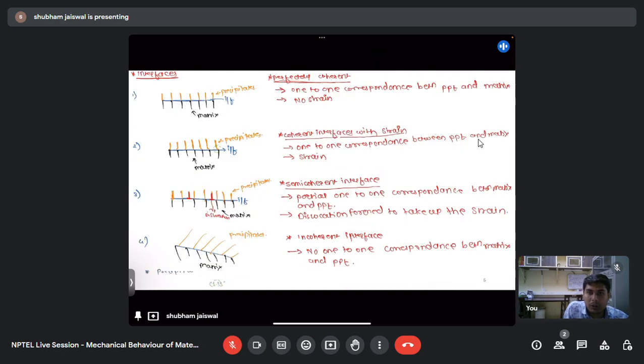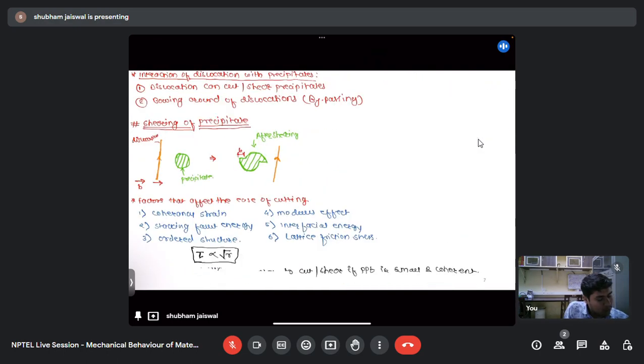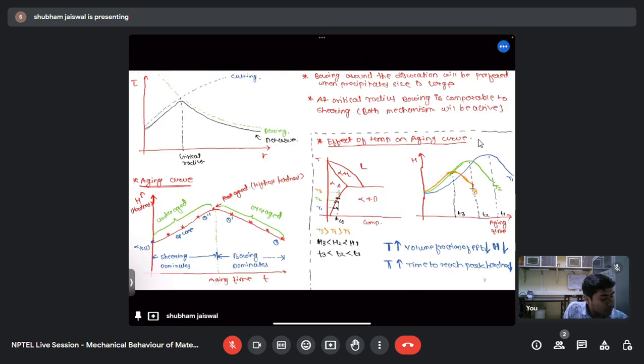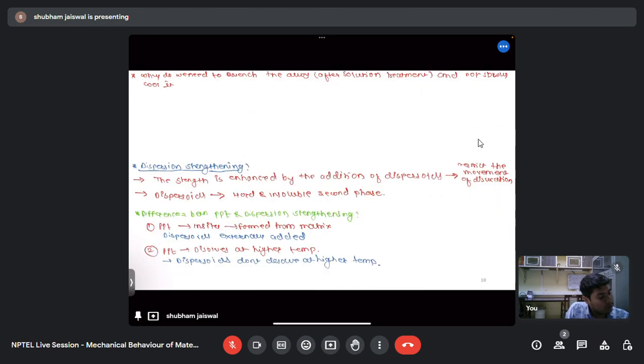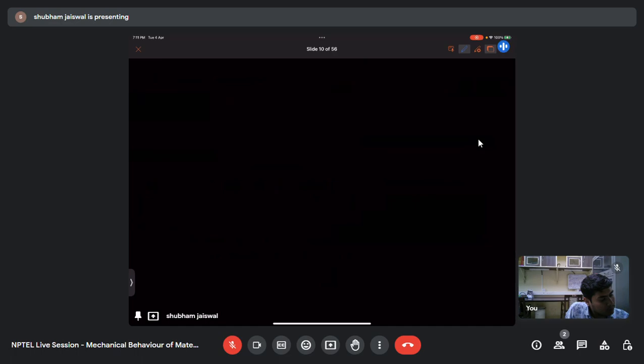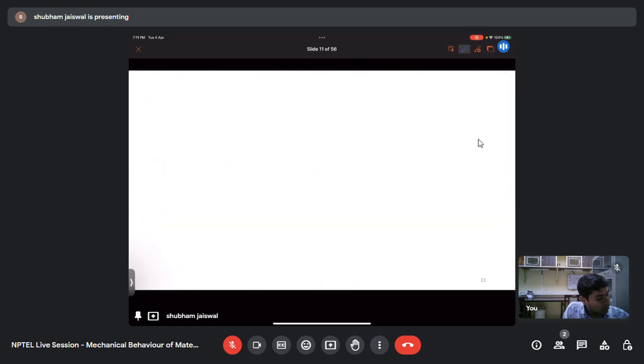Then what are the different types of interfaces. Then we have seen how these dislocations can interact with the precipitates. So in that we have seen the dislocation can cut or it can bow around the precipitates. And after this, we have seen the aging curve and the effect of temperature on the aging curve, followed by the dispersion strengthening. Okay. So now we'll move towards solving the problems.